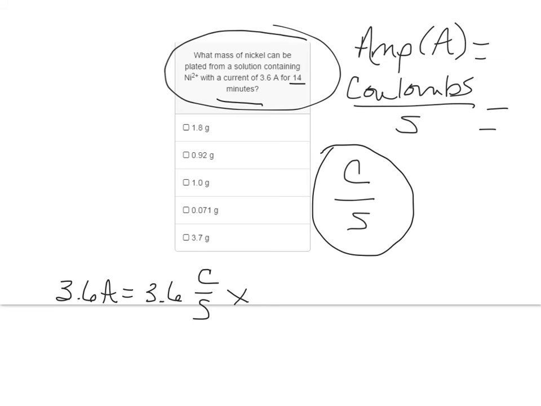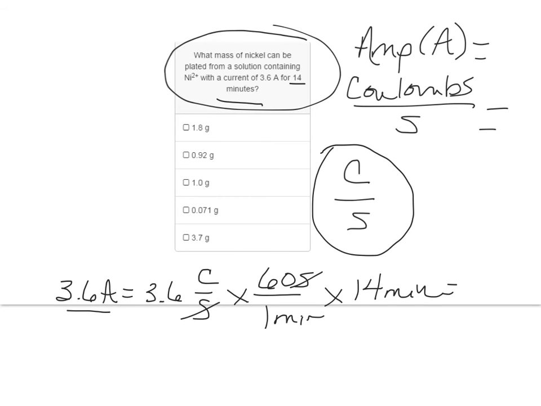So I know that there are 60 seconds in 1 minute. Okay, my seconds cancel. And I know I'm going to do it for 14 minutes. So I usually kind of break it into two calculations. You don't need to.